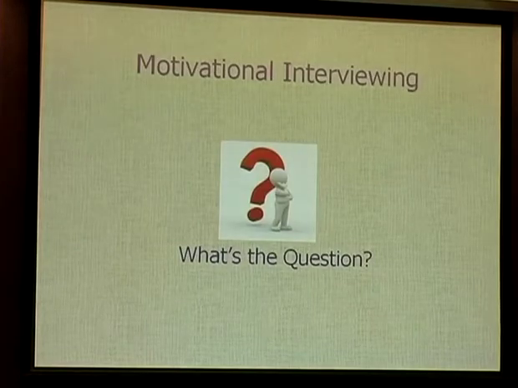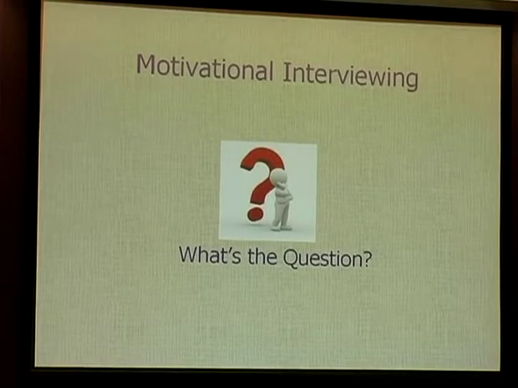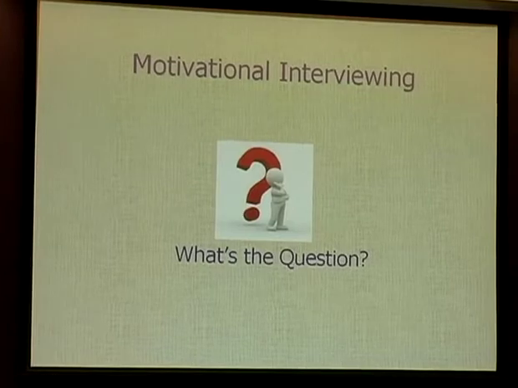Motivational interviewing. Who's heard of motivational interviewing? Motivational interviewing has been used a lot since the 80s with substance abuse and therapy for patients. But what they're finding is it's becoming very, very effective in changing behavior, health behaviors, and increasing self-management of care. So what is motivational interviewing?